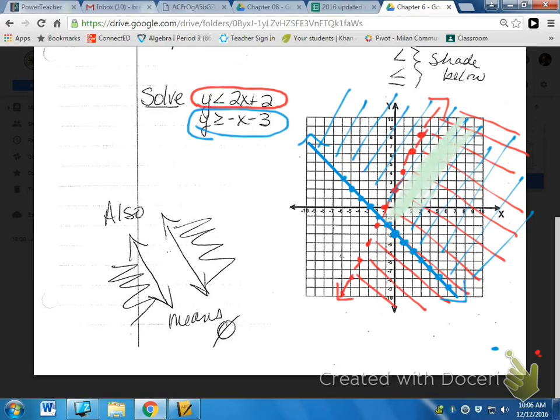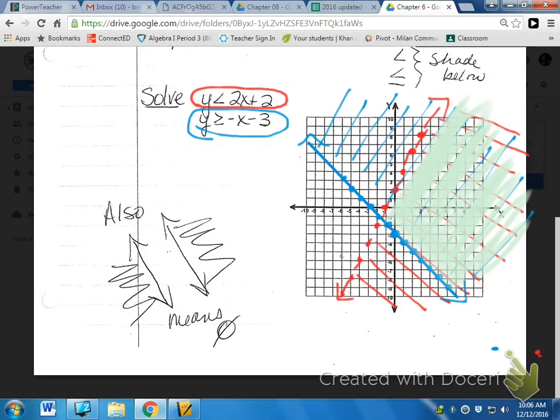I meant to pull up a purplish color, but anyway, it's highlighting it. So that's the part that you would fill in extra dark. That is the solution area. Sometimes your solution areas are going to be bigger like that. Sometimes they're going to be really small on the graph. It's where the shading overlaps that is your solution area.